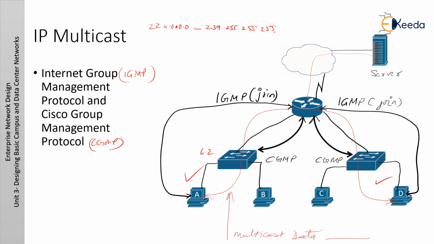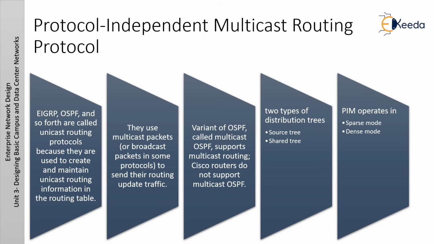Now come to Protocol Independent Multicast routing protocol. So what is that? Protocol Independent Multicast is used by routers that forward multicast packets.